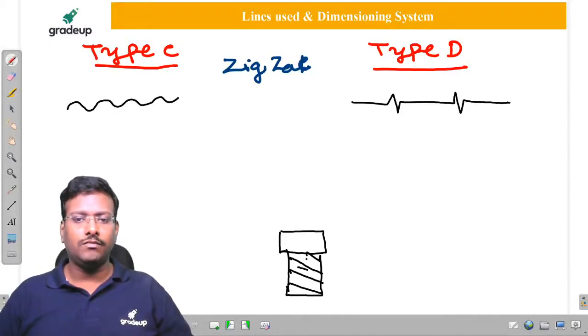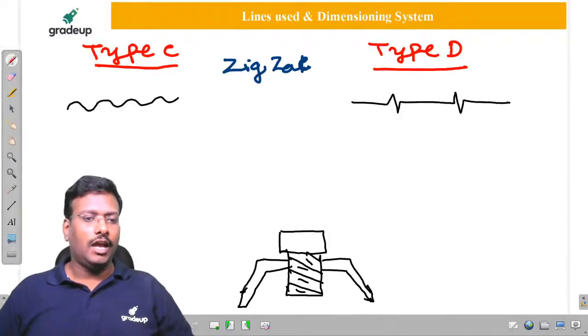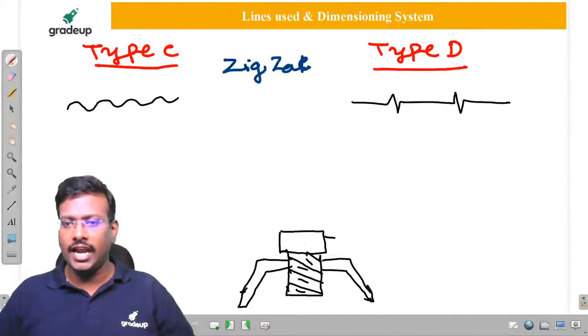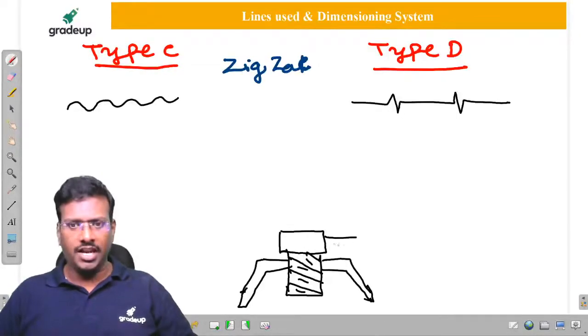They have the base like this. Here, as compared with the head, the rod length will be very high.